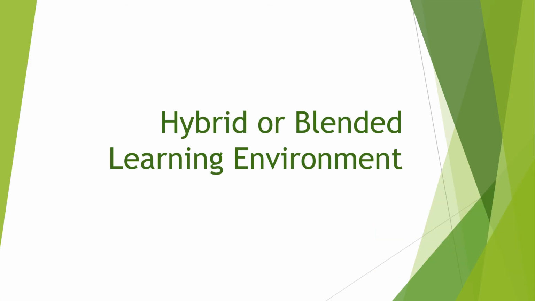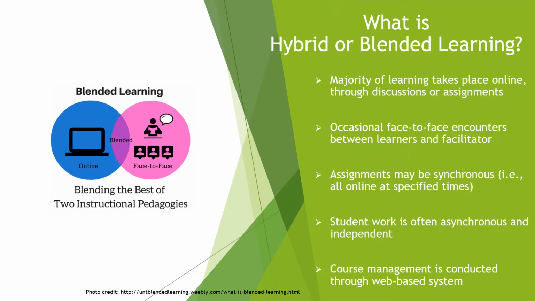Hybrid or blended learning environment. What is hybrid or blended learning? This is the environment where most learning takes place online through discussions and assignments. There are occasional face-to-face encounters.